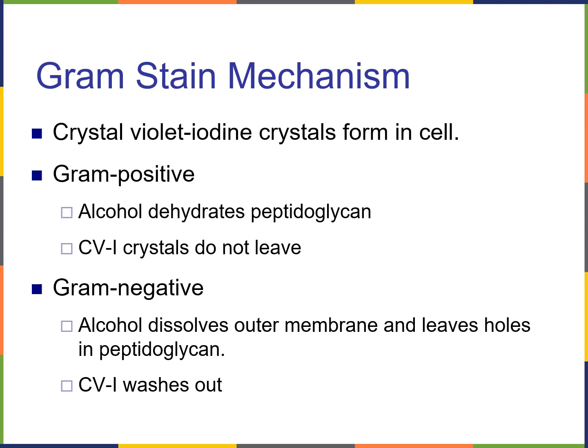What winds up happening is the alcohol forms holes in that super thin layer of peptidoglycan, and now that there are holes, that crystal violet has the ability to leave. So at this point, you have to counterstain your cells with safranin so that your gram-negative bacteria will show up. And it just so happens that with safranin, they show up that reddish pink color. So that is the gram stain mechanism and how it actually works on the cell based on the structure of the peptidoglycan.